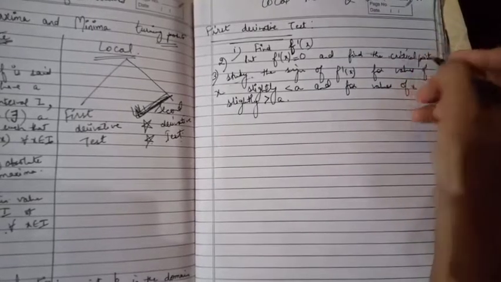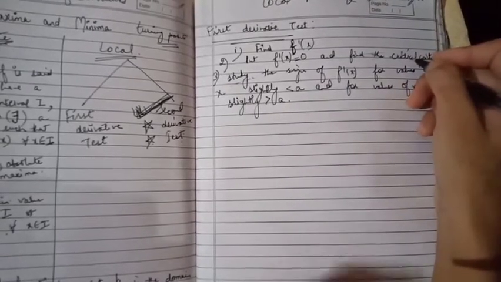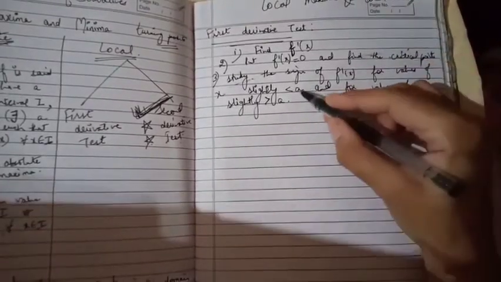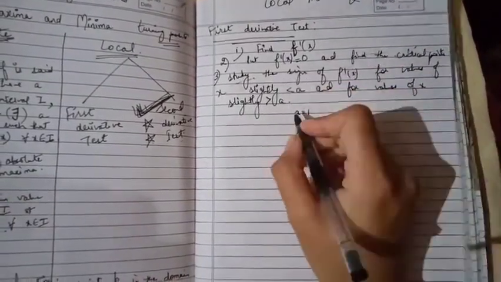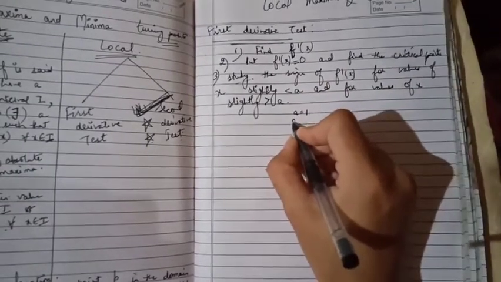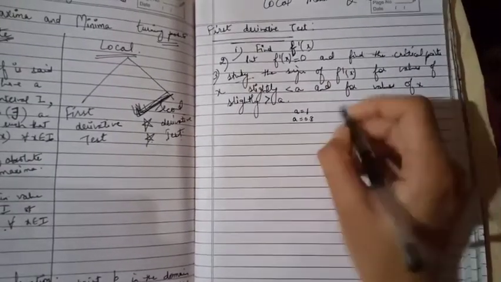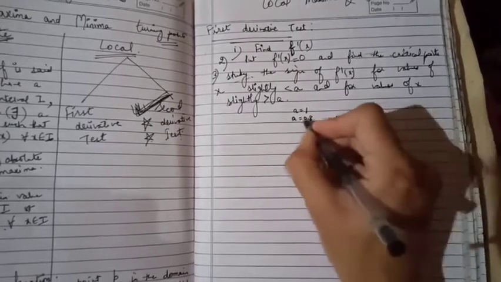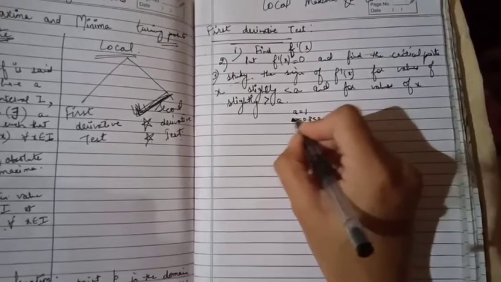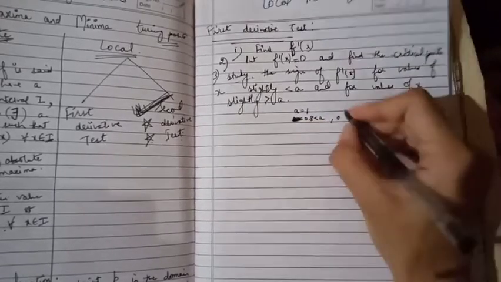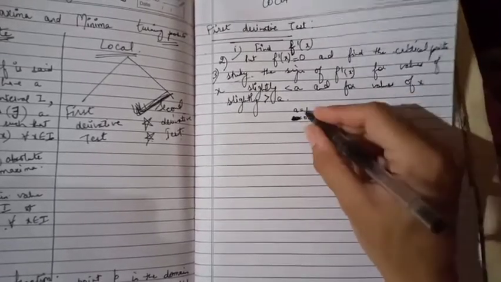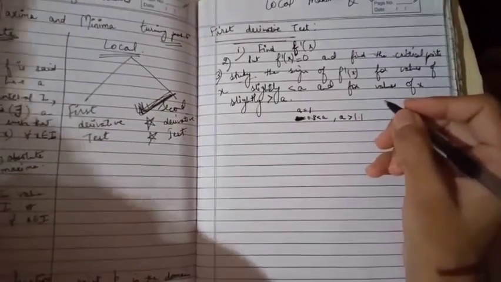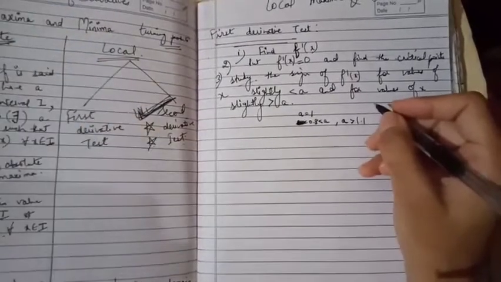Let us say the critical point is a; it may be more than one, but let us consider just a here. Then study the sign of the derivative at a point slightly less than a, say 0.8, and at a point greater than 1, like 1.1 or 1.2. Just study the sign of the value.